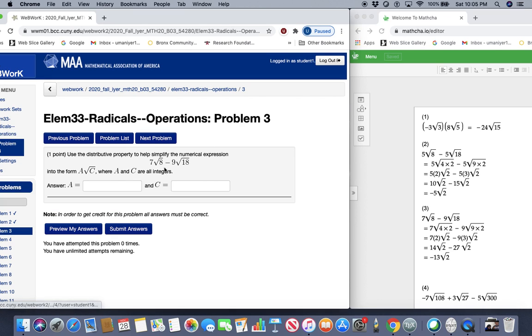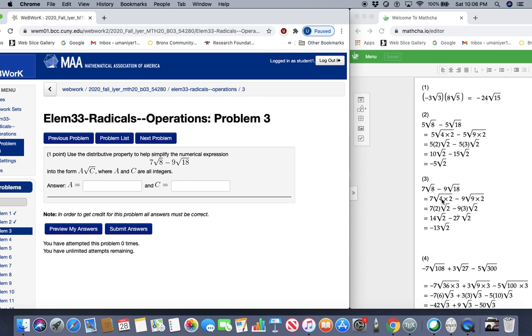Next, 7 square root 8 minus 9 square root 18. 7 square root 4 times 2 minus 9 times square root 9 times 2. Square root 4 is 2. Square root 9 is 3. In other words, 7 times 2 times radical 2 minus 9 times 3 times radical 2.